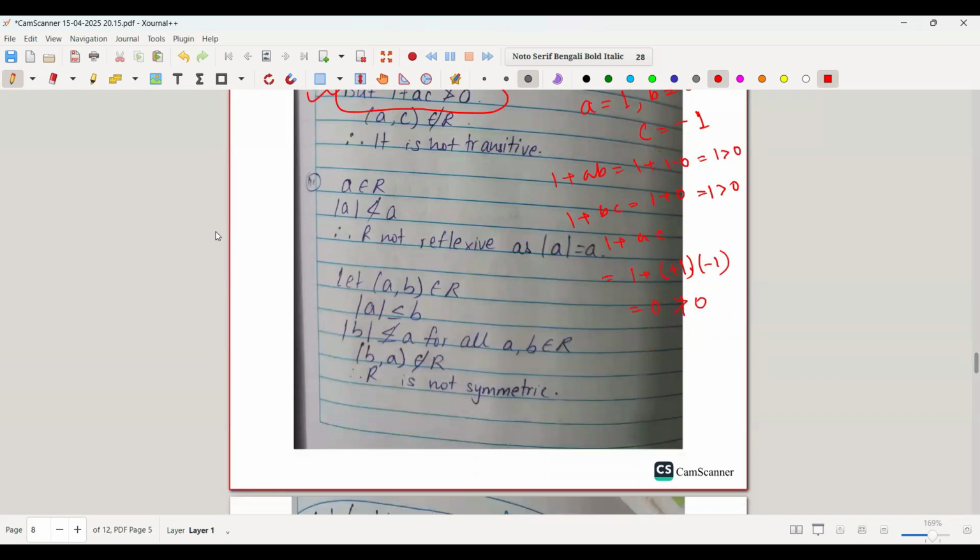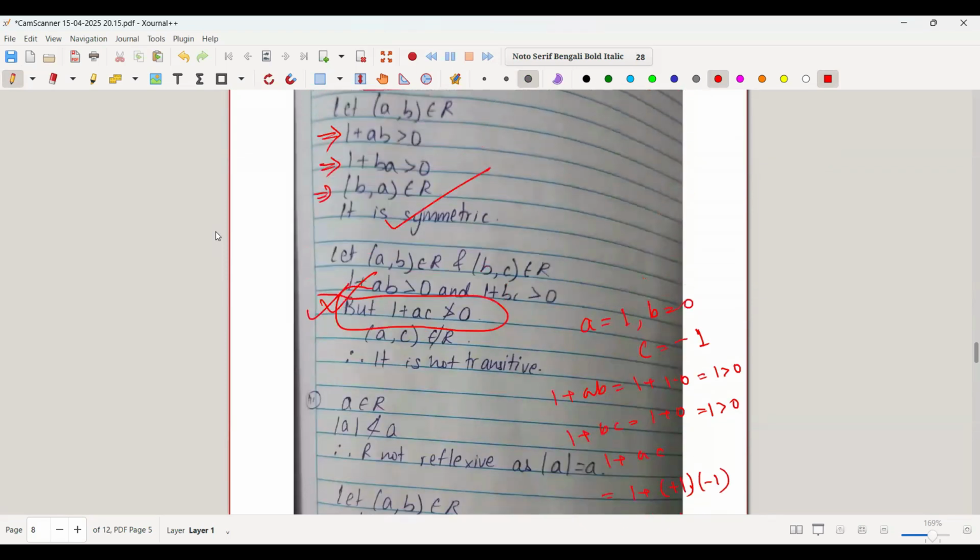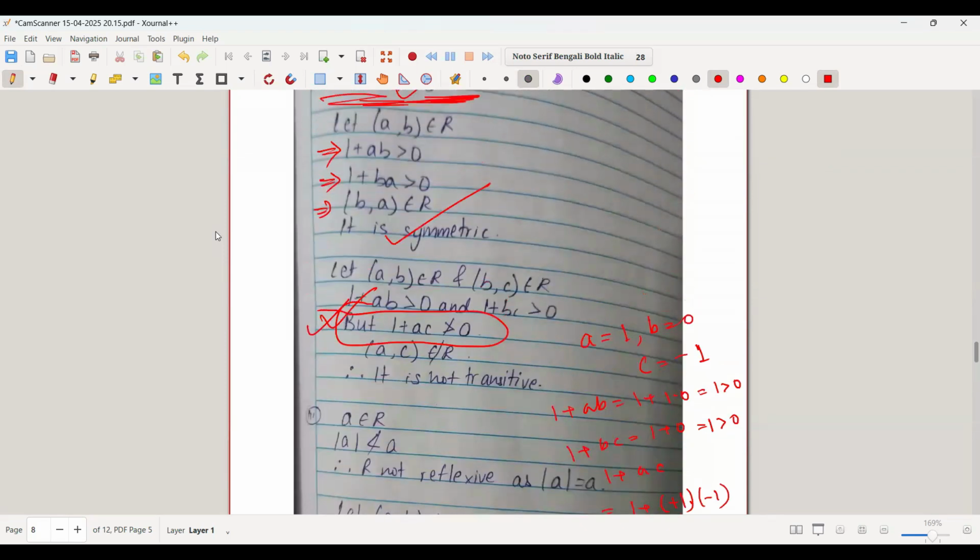So that means 1 comma 0 belongs to R and 0 comma minus 1 belongs to R, but 1 comma minus 1 does not belong to R. So that means it is not transitive. So in general, this is not true.